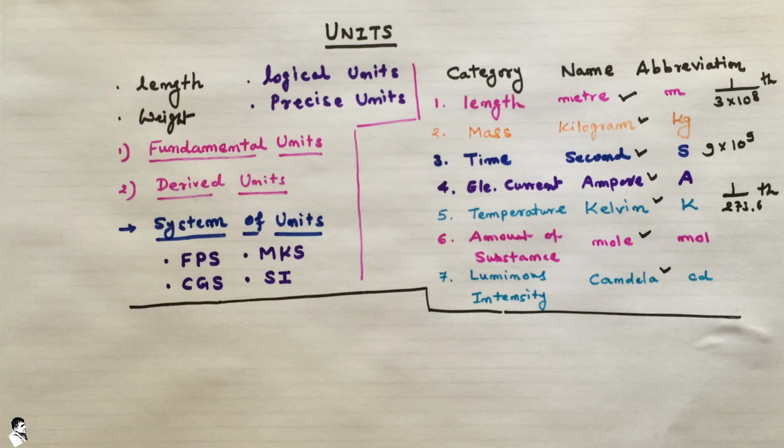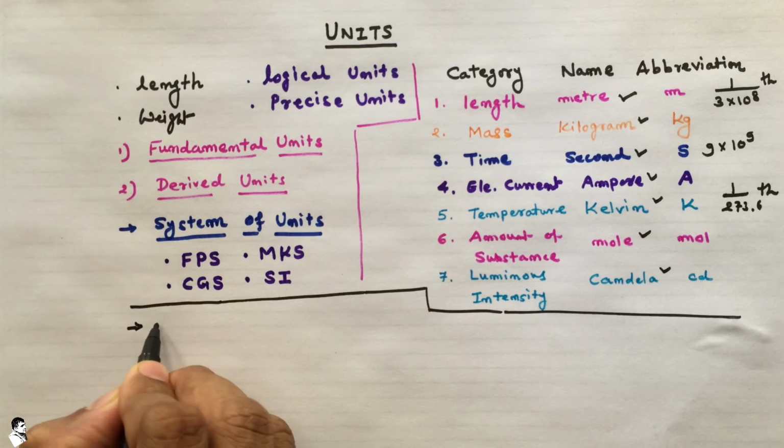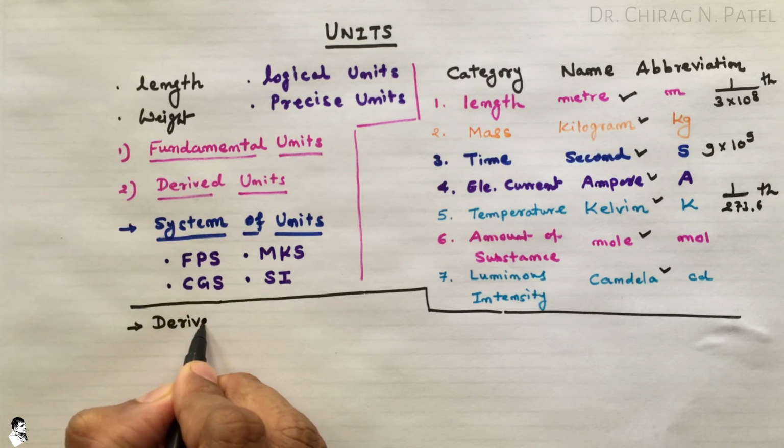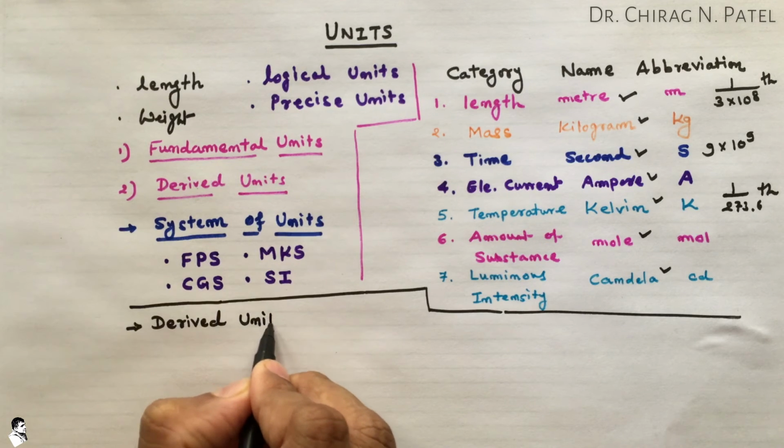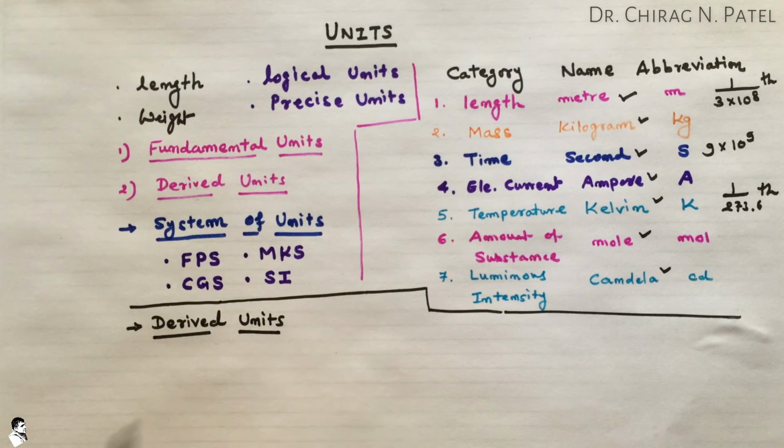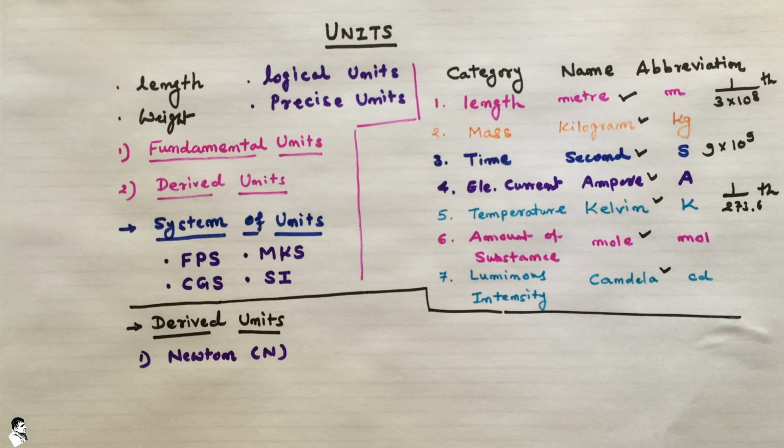Now if we talk about derived units, various units are generally derived from fundamental units to cater to the needs of the field. Now we take them one by one. First one is the Newton, and the symbol is a capital N. Everybody knows the Newton, right?